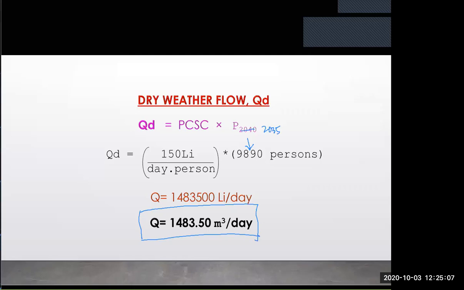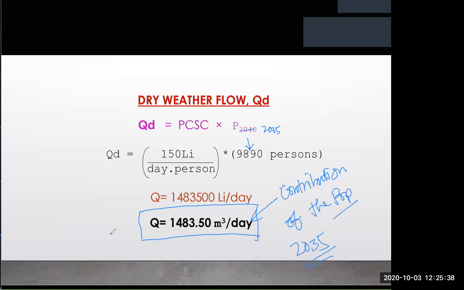Okay, so after finding the discharge, this is now the sanitary contribution of the population by the year 2035. So you should design your sewage treatment plant to service this flow.